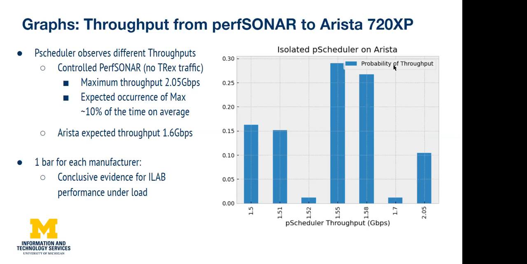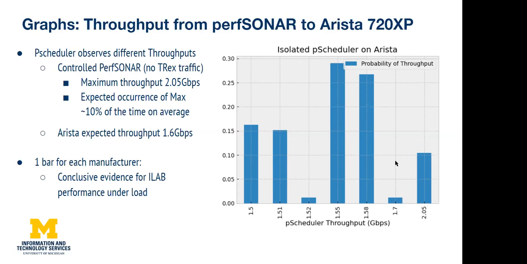So this is literally just the virtual machine within a router. While the router is not doing anything, pScheduler tests throughput from the device to the device. And this test was run several hundred times for about 10 seconds each.